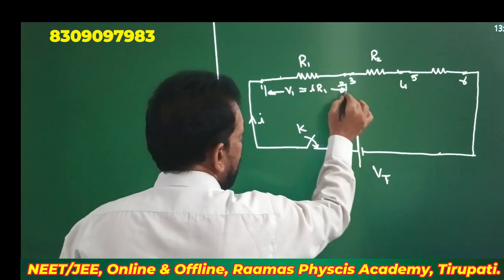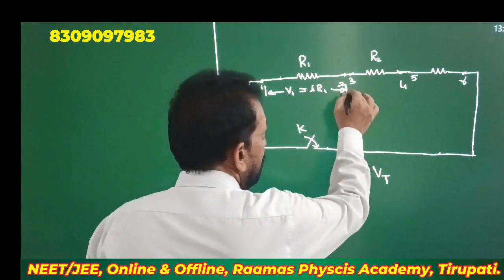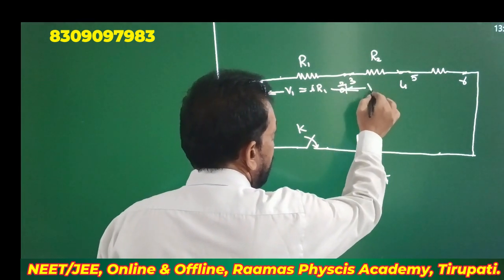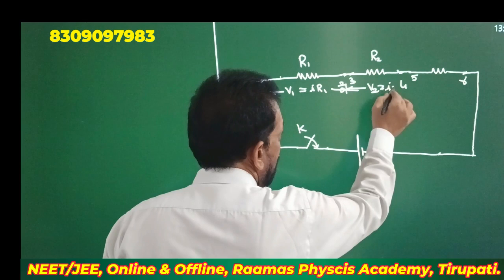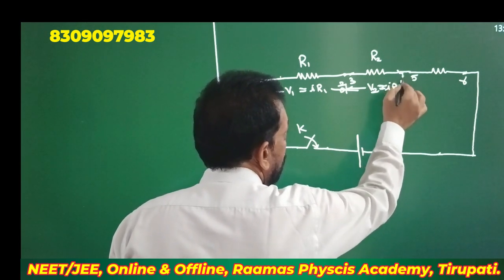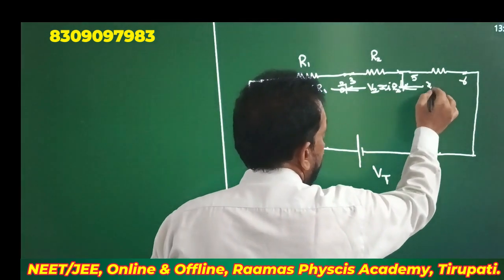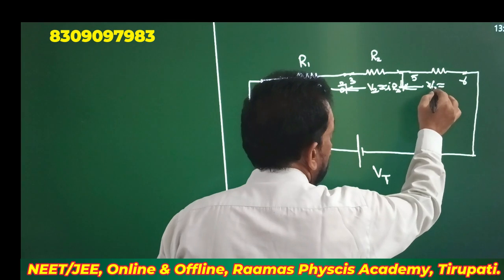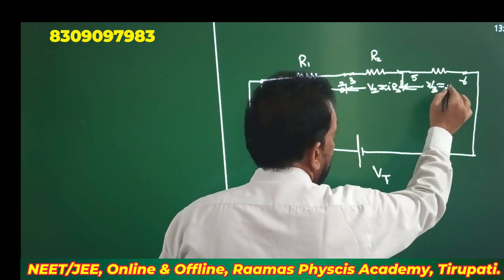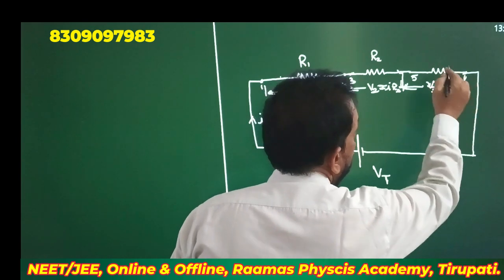Voltage drop across R1 is V1, I into R1. Similarly, V2 is equal to I R2, and V3 is equal to I R3.